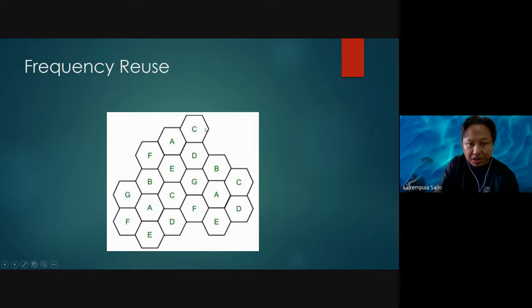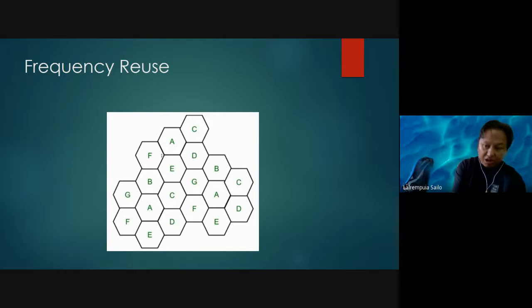These are the cells: C, E, G, D, all these things are cells. So in cellular technology, the whole network is divided into cells. Then if we go into a particular cell, we can use the network.